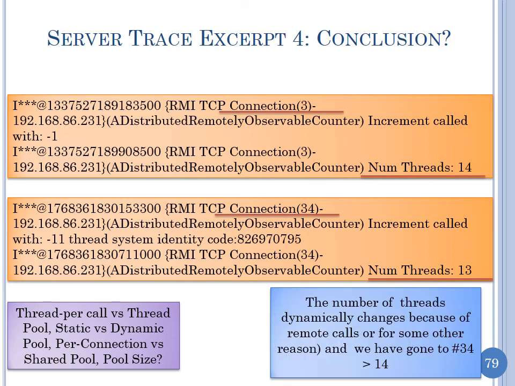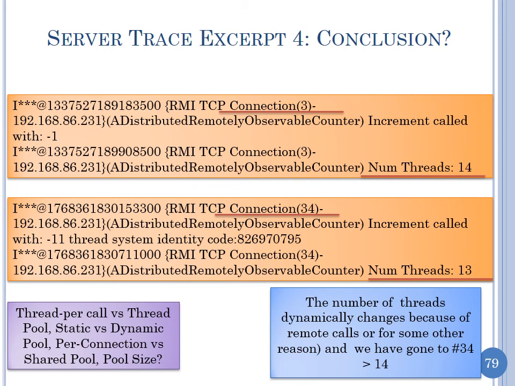What we see here is that the number of threads dynamically changes, and that can happen for 2 reasons. It could be that some other activity occurred in the process that changed the number of threads, or it could be because the thread pool changed. This is noisy data. We don't quite know why the number of threads is changing. It could be that we always have that one active call, and that's why it's 14.